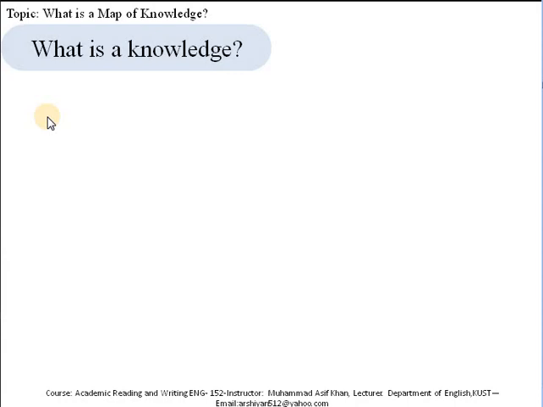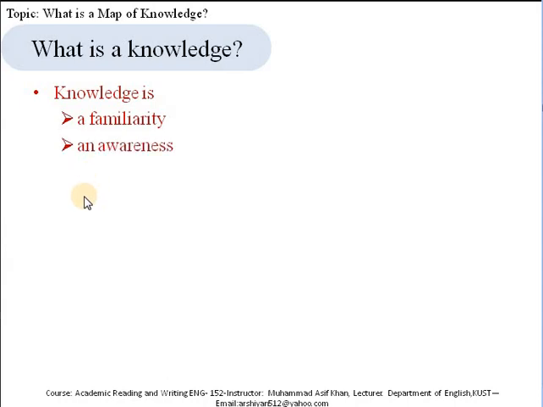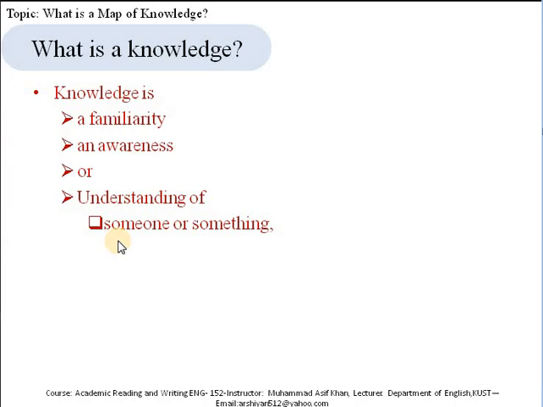So let's start with what is knowledge. Dear students, knowledge is basically a familiarity or an awareness or understanding of someone or something. From familiarity, I mean that when we get close acquaintance or when we get the knowledge of something or someone, that is familiarity.